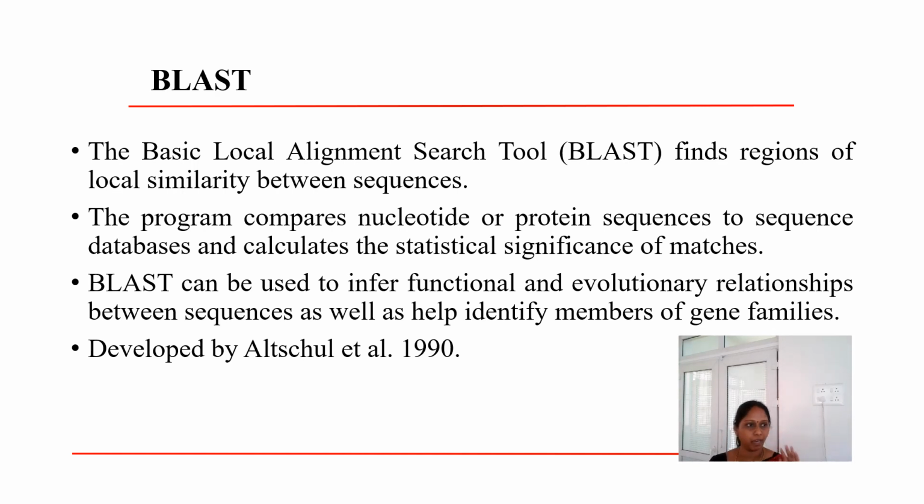There is an option in BLAST to compare a protein with protein, a protein with nucleotide, nucleotide with nucleotide, nucleotide with protein. Different kinds of comparison can be made, for which different variants, different flavors of BLAST, are available. Based on your requirement, you can choose any kind of BLAST.